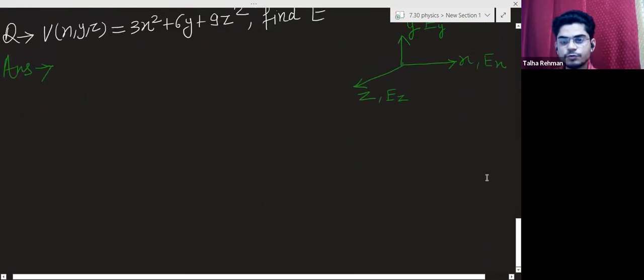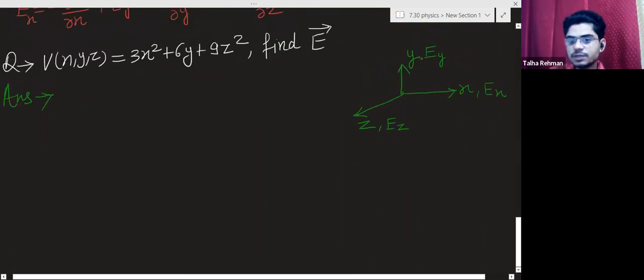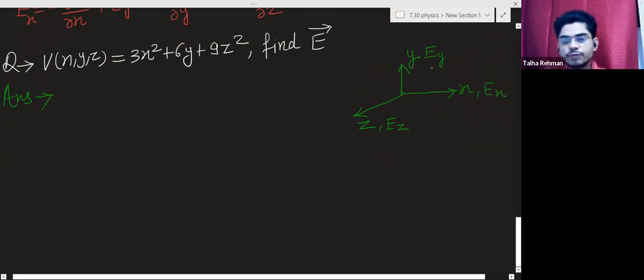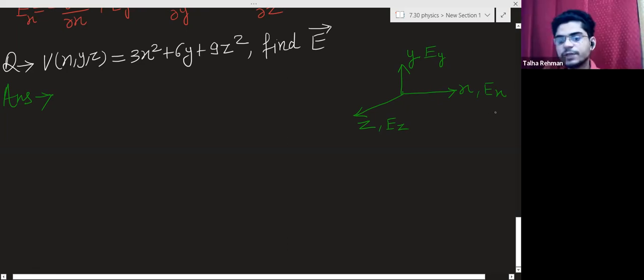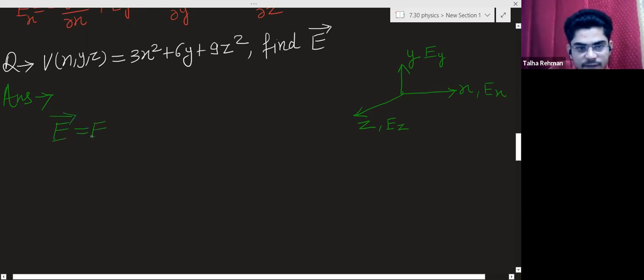And if we want to find the total electric field, then we will take all the electric fields and add them vectorially. Like this is E, na? And can I write this like Ex of i cap plus Ey of j cap plus Ez of k cap.